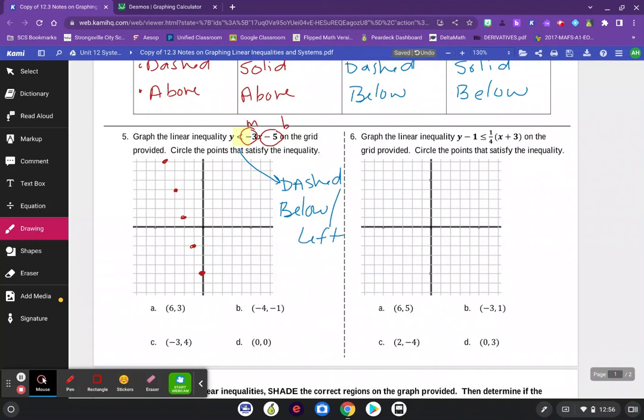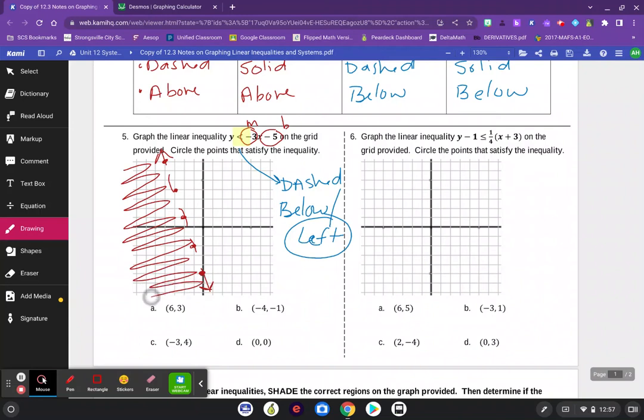So below doesn't make as much sense, but to the left would match that idea, okay? I'm going to come back here and I'm going to put in my dashed line. What that means is that you need to go through those points, but you don't have a solid line. You have some space in between these little line segments. And then shaded below or to the left means that I'm going to color in this side of the line, to the left of the line.